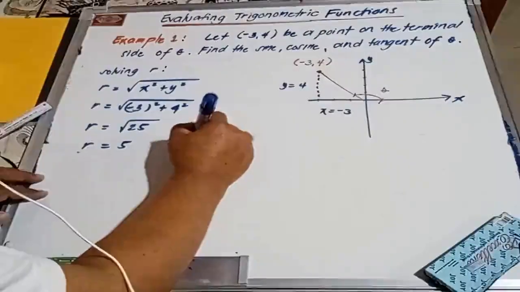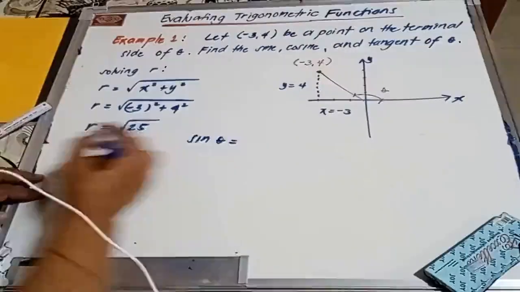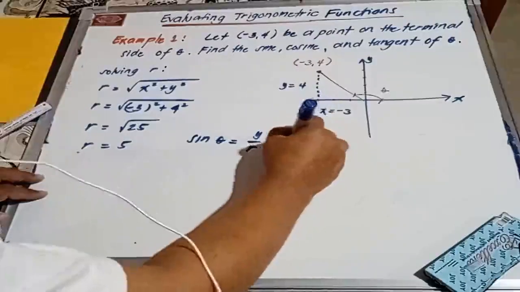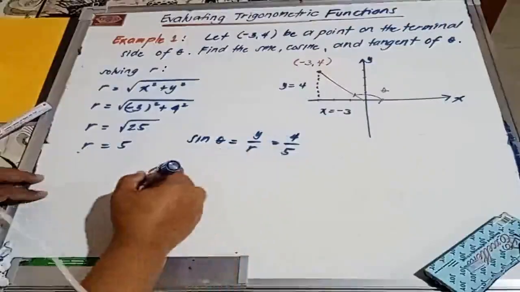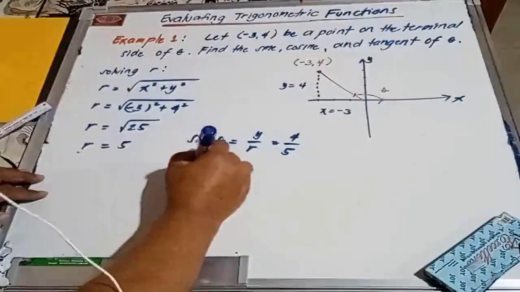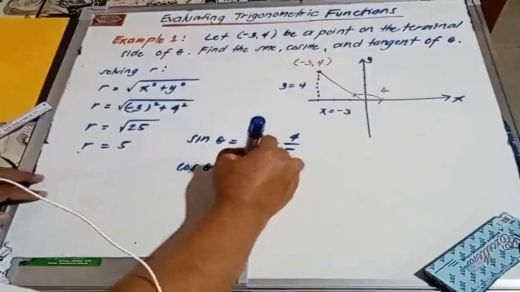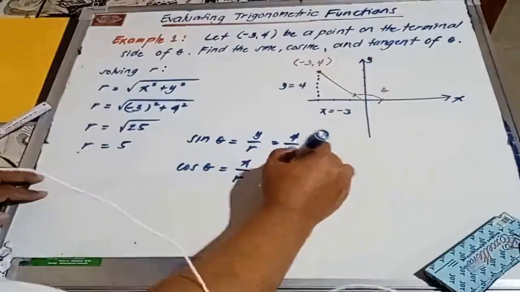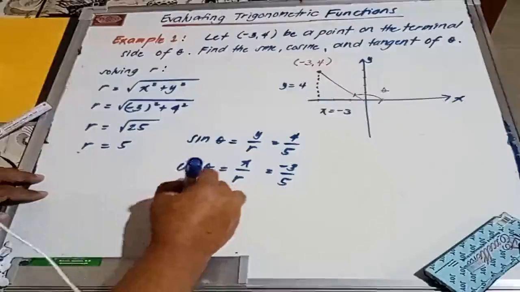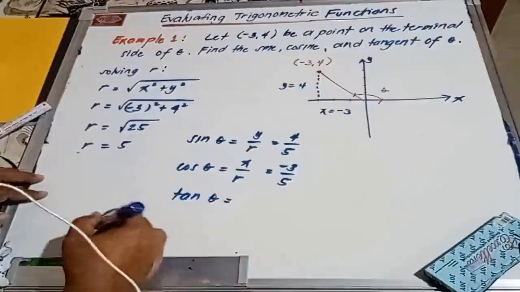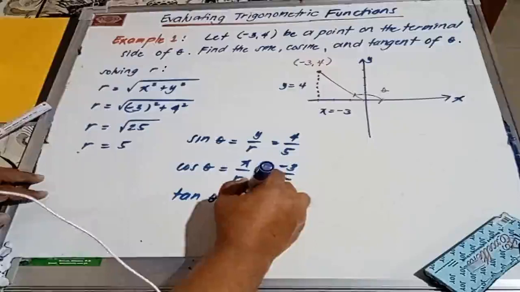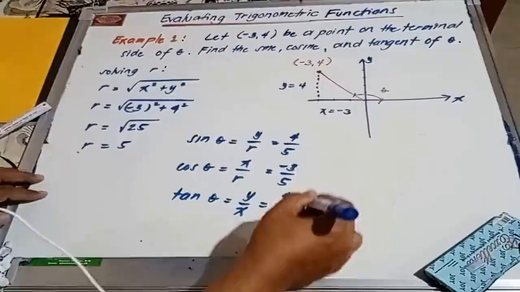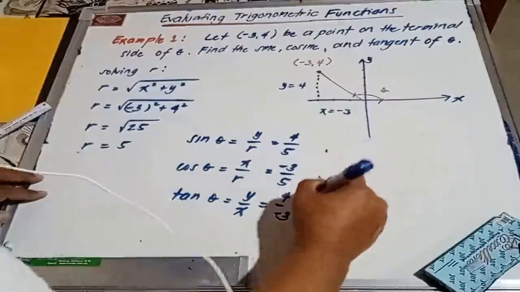For sine theta, anong sine? That is y over r. Y is 4, r is 5, so 4 over 5 yung ating sine theta. For cosine theta, that is adjacent side over hypotenuse, or x over r, that is negative 3 over 5. And for tangent, we have y over x, and that is 4 over negative 3. Okay. Kunin na rin natin yung other 3, yung reciprocal.